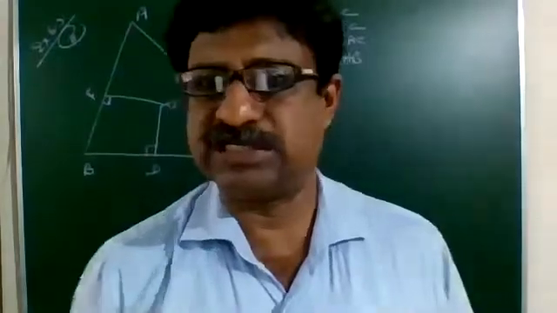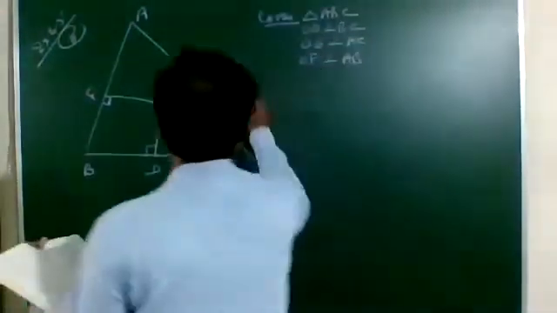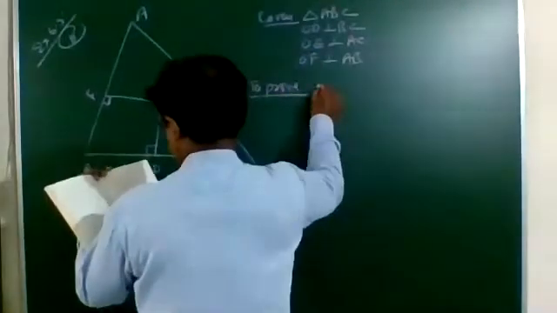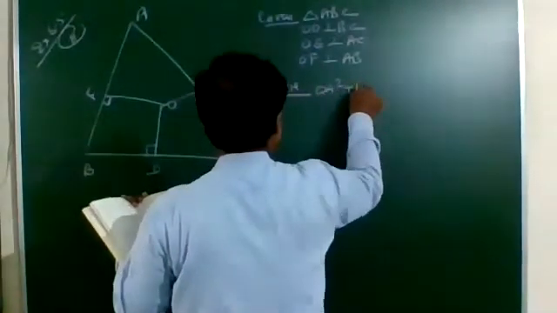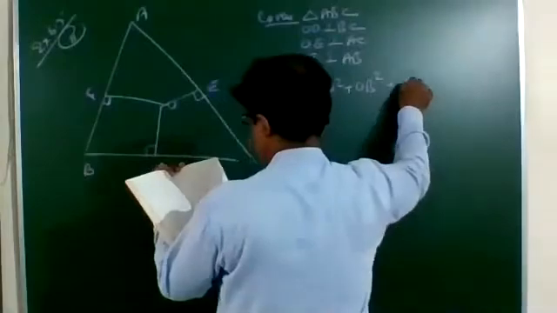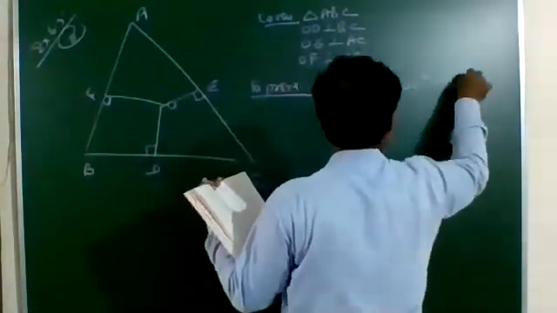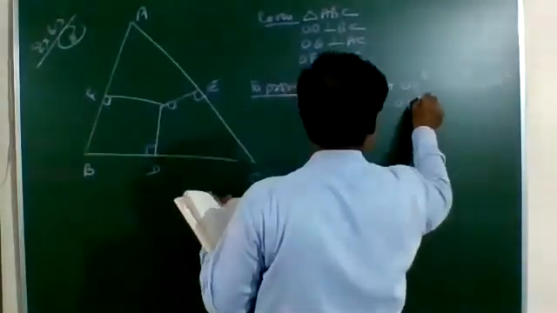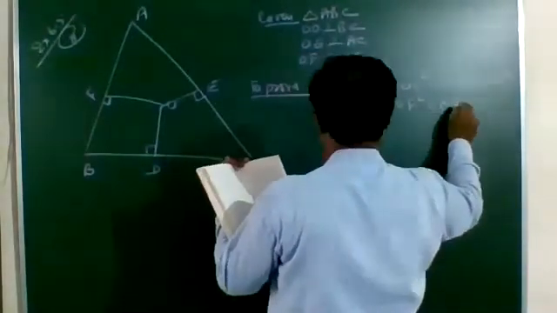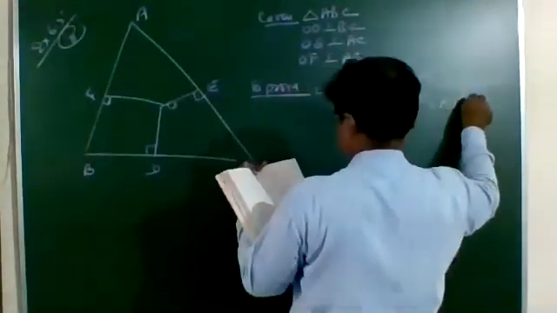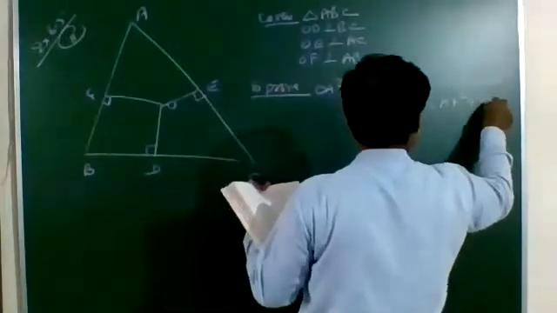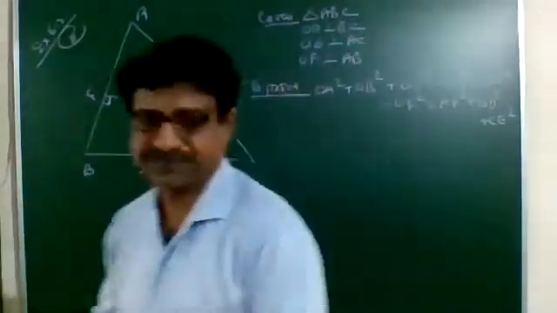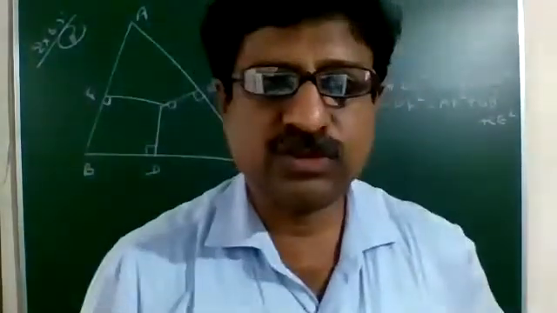Now the question is to prove OA square plus OB square plus OC square minus OD square minus OE square minus OF square is equal to AF square plus BD square plus CE square. This is the question. Now, how to do this question?